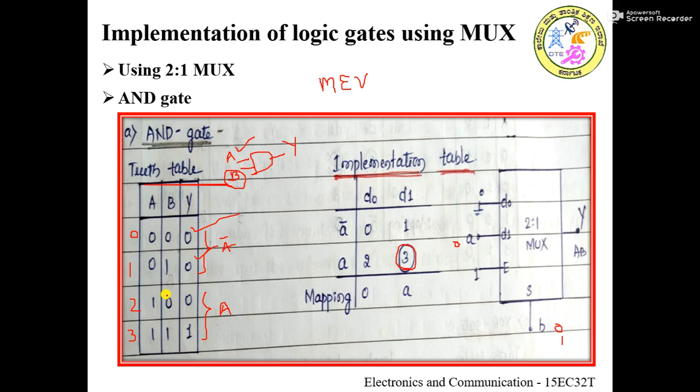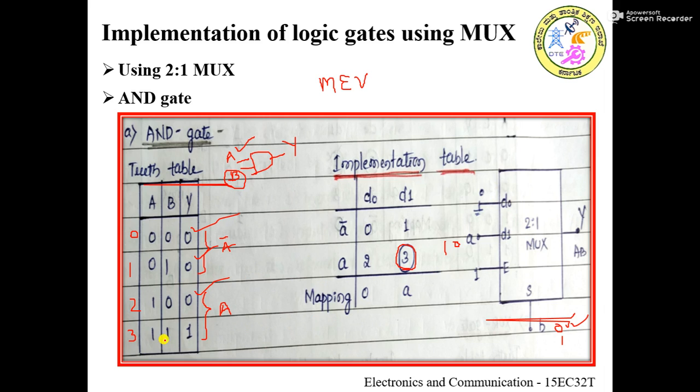The third combination, with A equal to 1 and B equal to 0. With B equal to 0, the first line is selected. Again its value is 0. It appears across the output line Y, so the third combination is also verified.